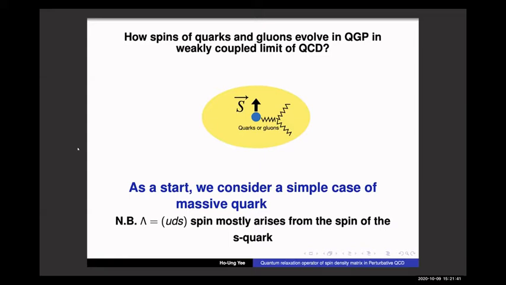And as a simple start, we considered just the case of a massive quark, which is also related to the fact that, as Chun-Wang mentioned at some point in the last talk, the spin of lambda baryons arises mostly from the spin of the S quark. So hopefully this is an interesting starting point to ask these questions.